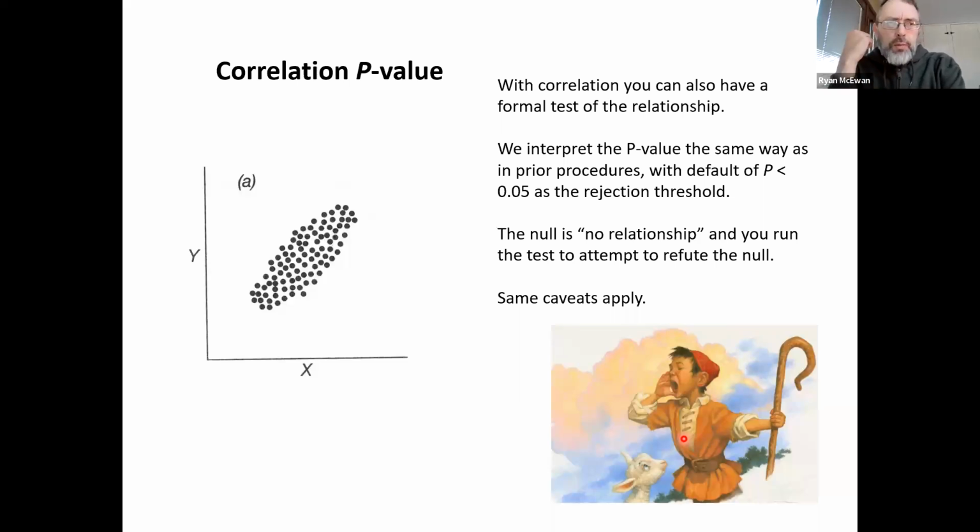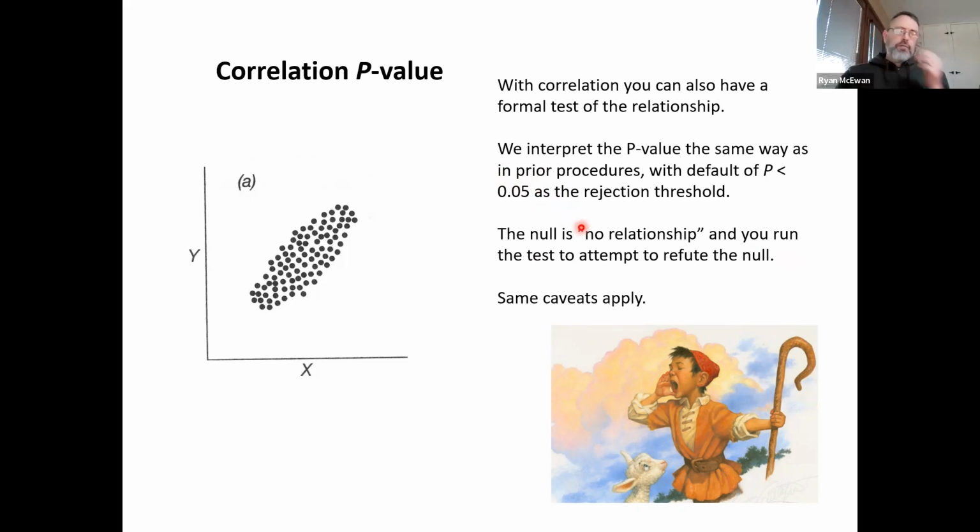We will also be able to test the statistical significance of this relationship and generate a p-value where the null hypothesis would be no relationship. And you would attempt to reject that null hypothesis, and you would set the critical value as p less than or equal to 0.05.